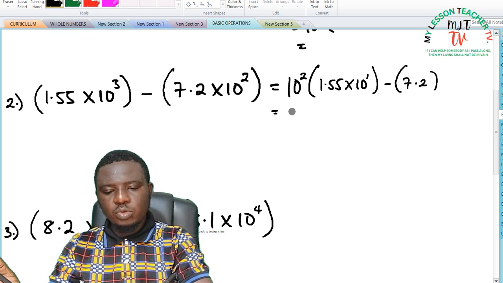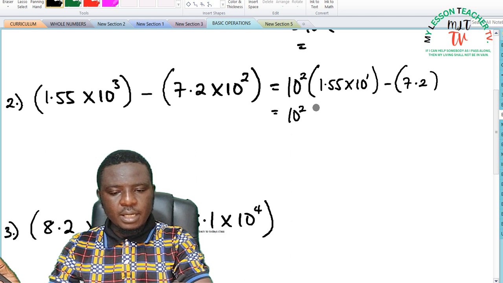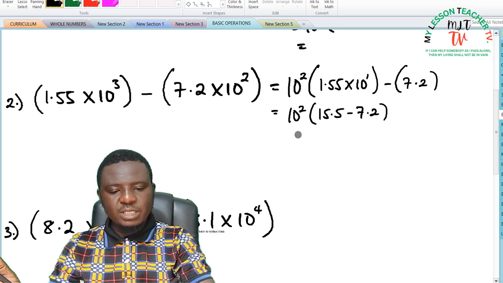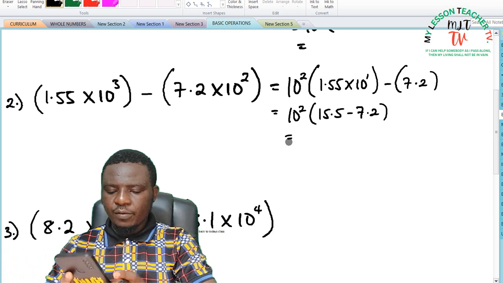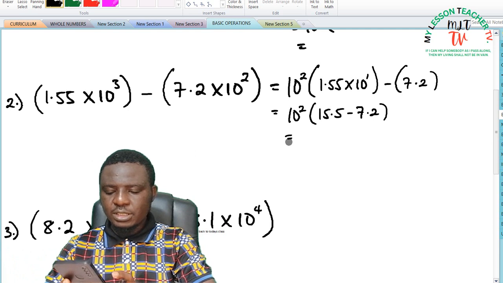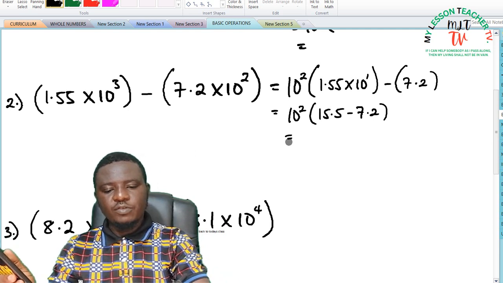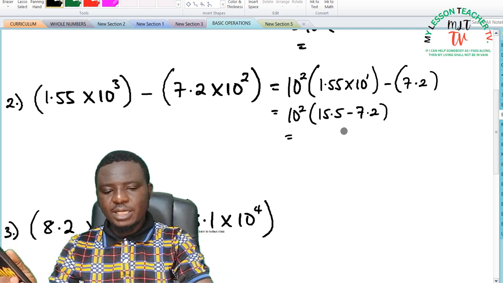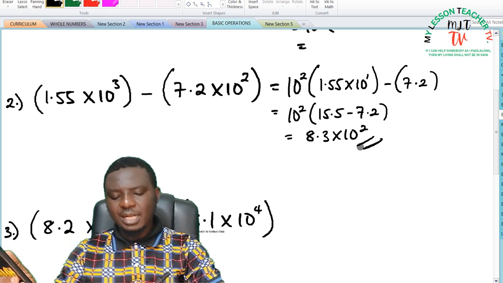This is equal to 10 squared into 15.5 minus 7.2. 15.5 minus 7.2 gives you 8.3. So this is said to be 8.3 times 10 raised to the power of 2, which is in standard form.